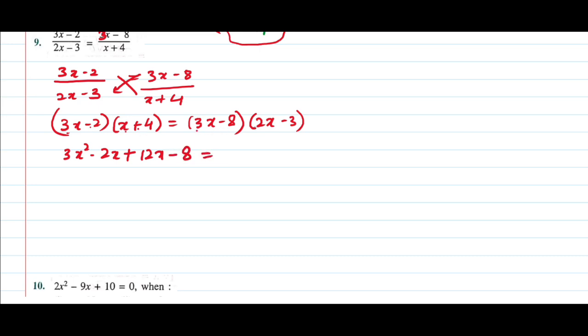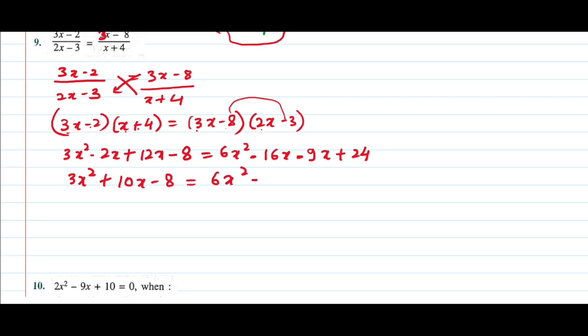For the other side, 3x into 2x is 6x square, minus 8 into 2x is minus 16x, minus 3 into 3x is minus 9x, and minus of minus is plus, 8 3s are 24. If I simplify this, minus 2x plus 12x is plus 10x, minus 8, is equal to 6x squared minus 25x plus 24.